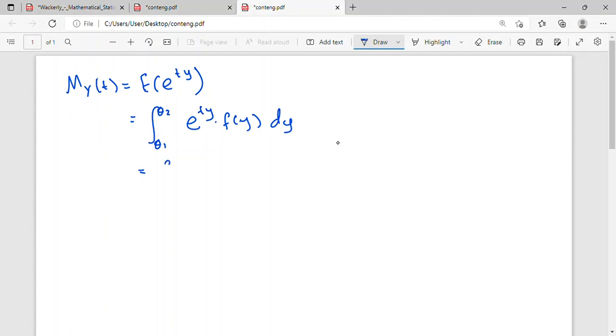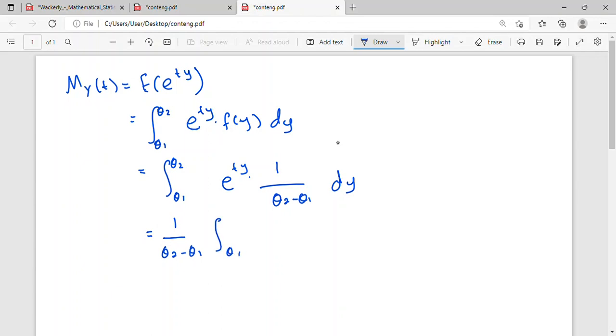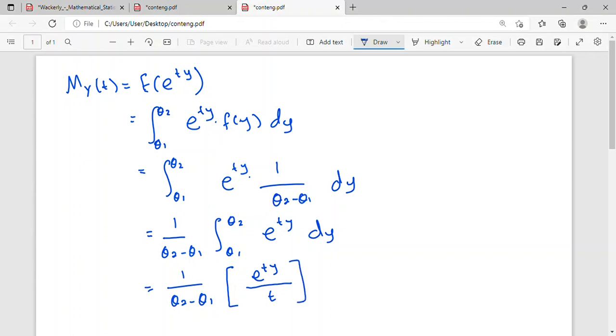So fy tadi, tulis balik lah 1 over theta 2 minus theta 1 dy. So because 1 over theta 2 minus theta 1 tu adalah constant, saya bawa keluar. So integrate e^(tY) terhadap Y, so it will be e^(tY) divide dengan t, kan? Sebab kita integrate terhadap Y.